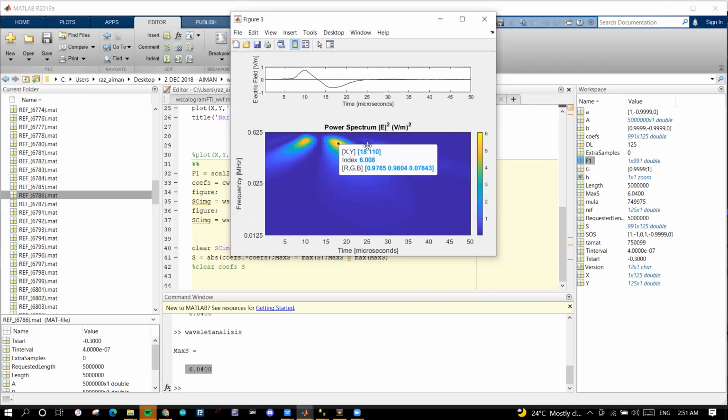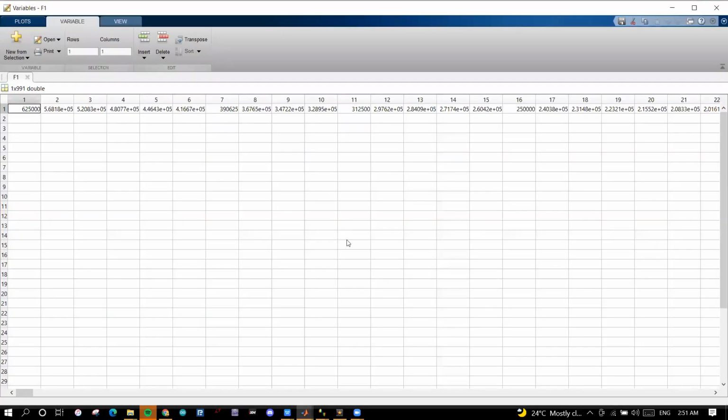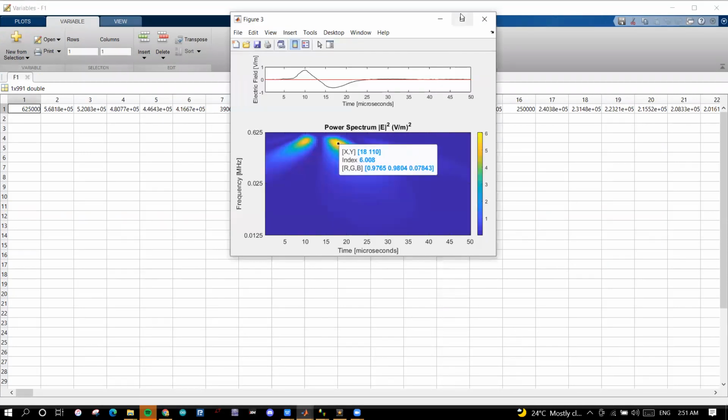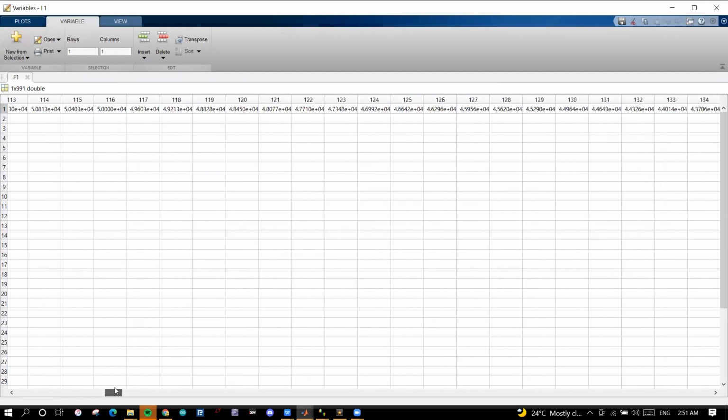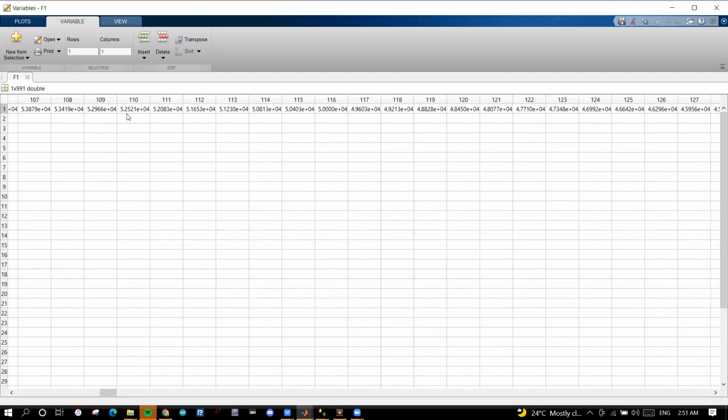So the 110 indicates the frequency of that particular point. By clicking on F1 here, I can see that 110 corresponds to a 52.52 kilohertz value.